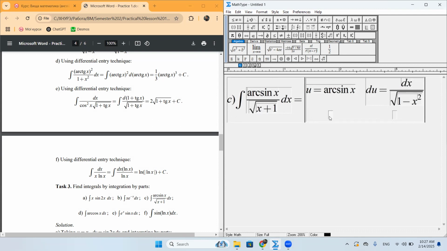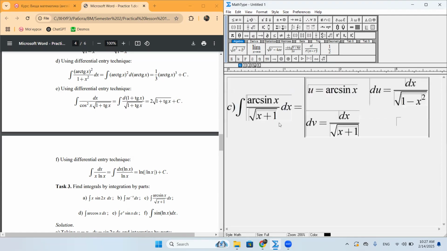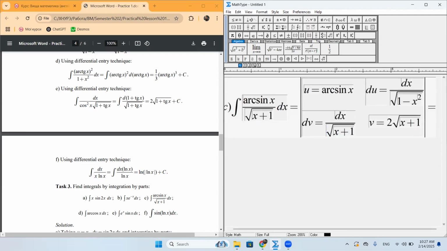And dv equals dx by the square root of x plus 1. And v equals, if we integrate it, 2 square roots of x plus 1.